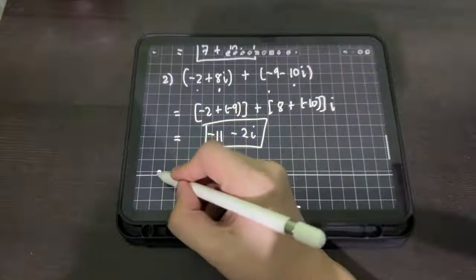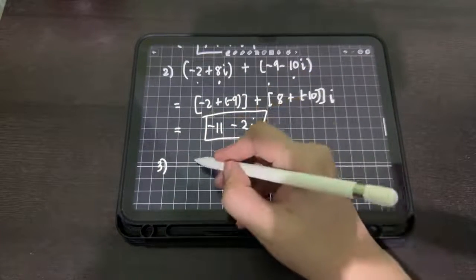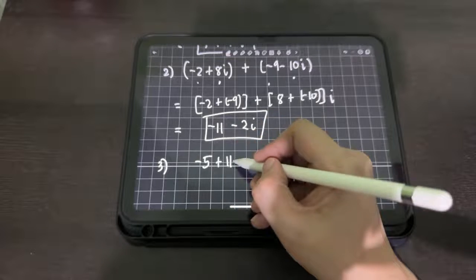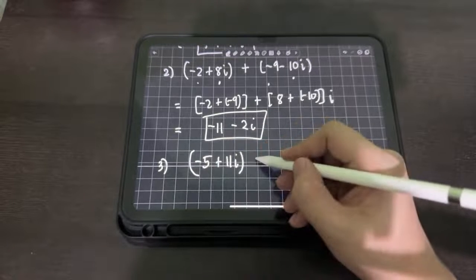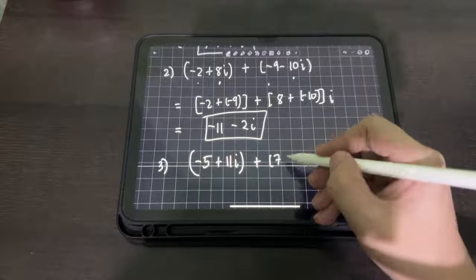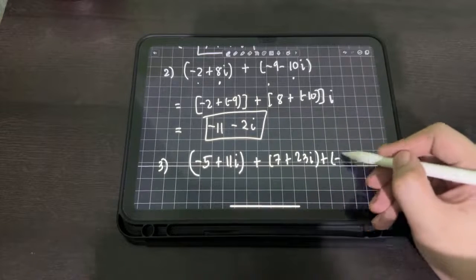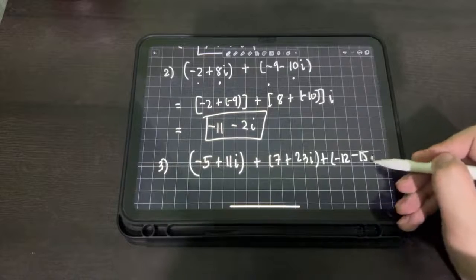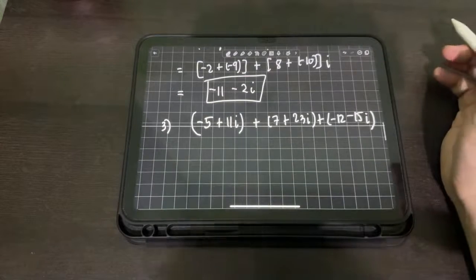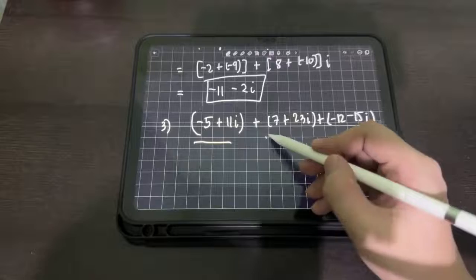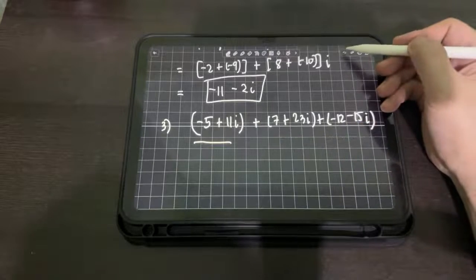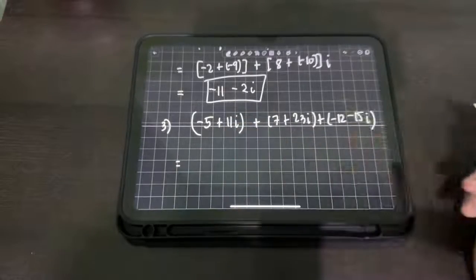Next, number 3, negative 5 plus 11i plus 7 plus 23i plus negative 12 minus 15i. So we need to add 3 complex numbers. So let's combine the real parts.